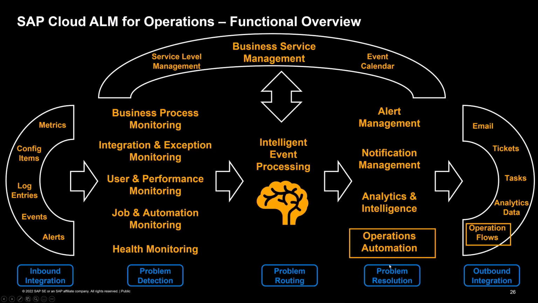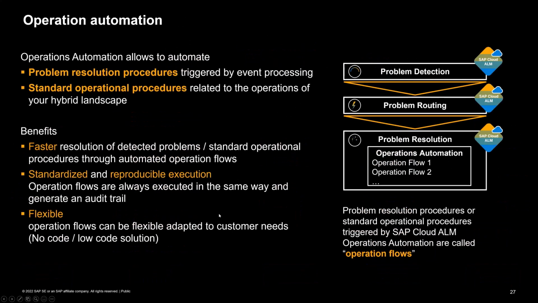The operations automation belongs to the problem resolution capabilities, and as an outbound integration, it can trigger so-called operation flows. What are operation flows? These are problem resolution procedures or standard operational procedures triggered by SAP Cloud ALM. They support the faster resolution of detected problems through automated operation flows.